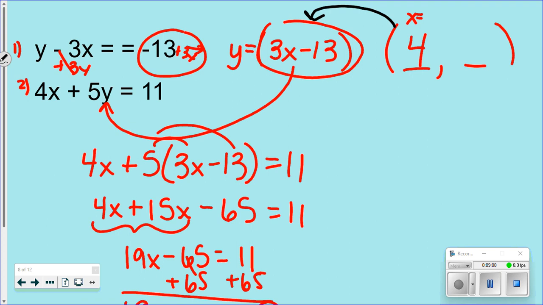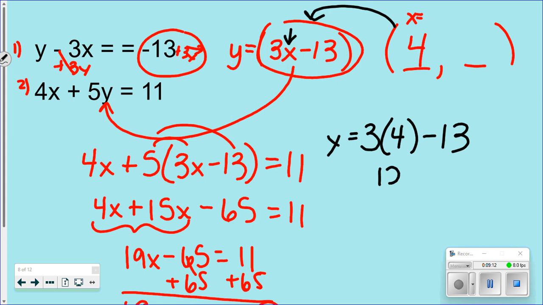If x is 4, I'm going to put 4 in for my x in here because it's going to equal y: 3 times 4 minus 13. So I'm going to solve. So it'll be 12 minus 13 equals y. Y is going to equal negative 1.